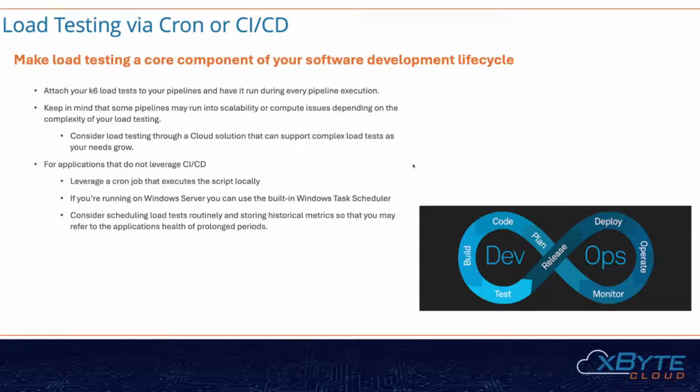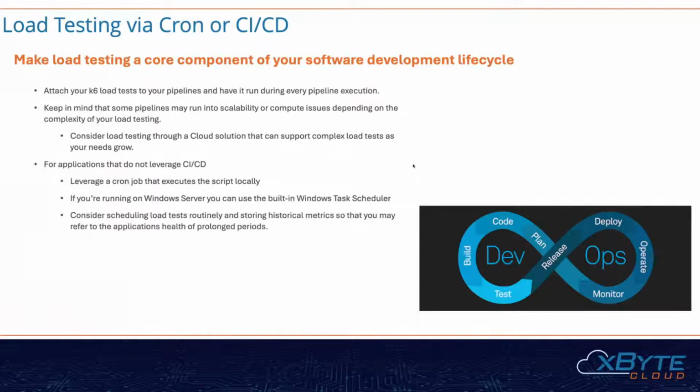Keep in mind that some pipelines may run into scalability or compute issues depending on the complexity of your load testing. When you're deploying to a pipeline, let's just say in GitLab or GitHub or Azure DevOps, the actual agent or machine that pipeline executes on can only do so much.